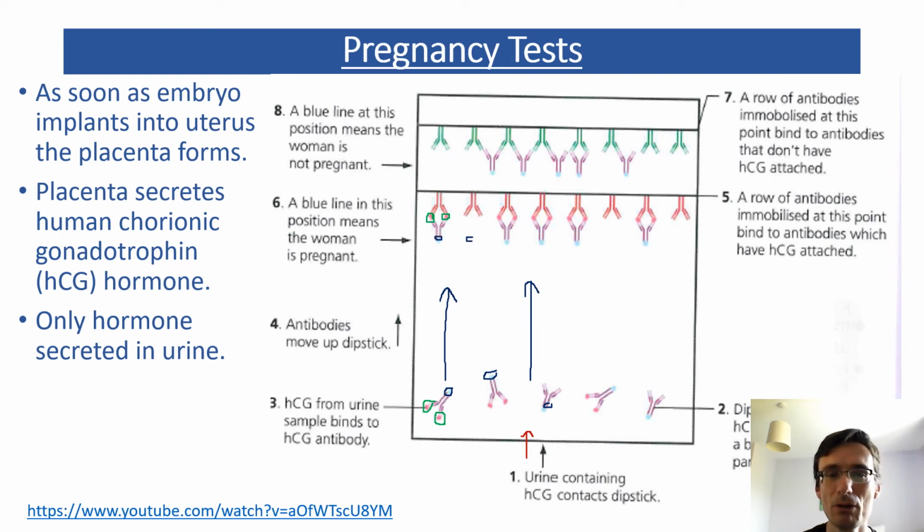If they build up all along here, eventually you get a blue line which tells you you're pregnant. If you're not pregnant and you haven't released HCG, the antibody without the hormone just passes through, because it doesn't attach to the immobilized antibodies here, as it doesn't have the hormone. So these complementary receptors will not attach to the hormone, and they will go up, and the ones that haven't got the hormone will have passed, and that will give you a control line on the pregnancy stick.